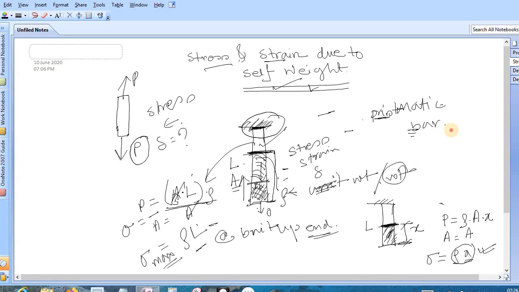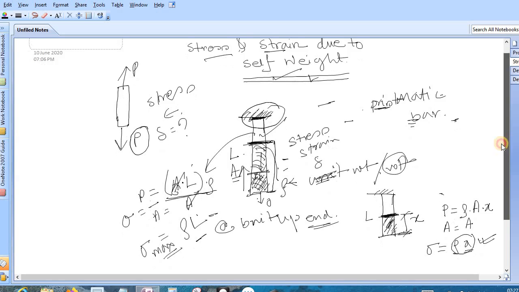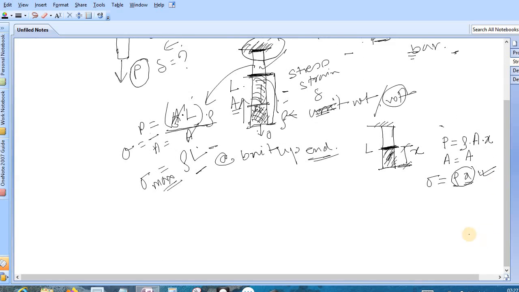Now consider this bar in which both load and self weight are acting. Here, external load is also acting. This is P, this is P, and the length is L, cross section A, density is rho.